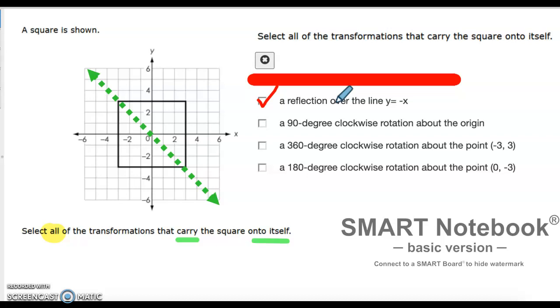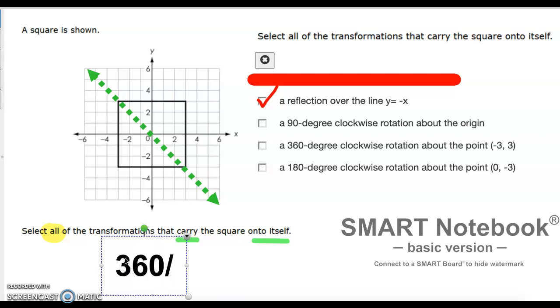The next choice says a 90-degree clockwise rotation about the origin. So remember, when we are rotating a figure, the minimum number of degrees we need to rotate a figure in order to map it onto itself, to find that minimum number of degrees, we take 360 and we divide it by the number of sides that the regular polygon has.